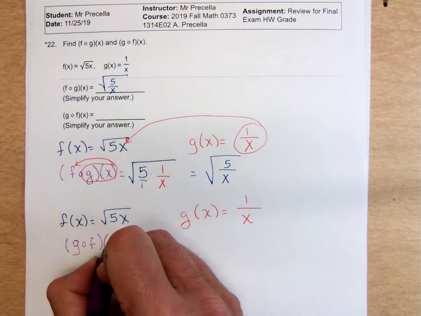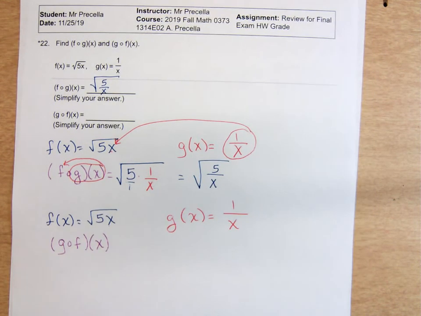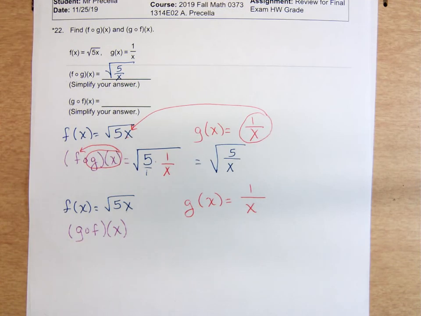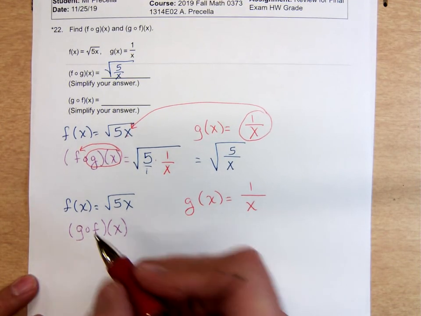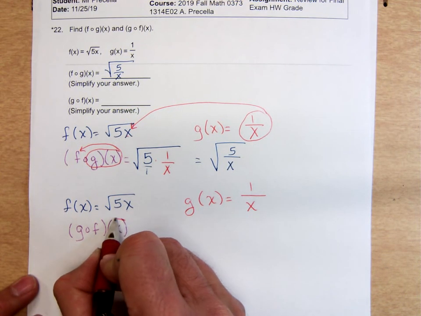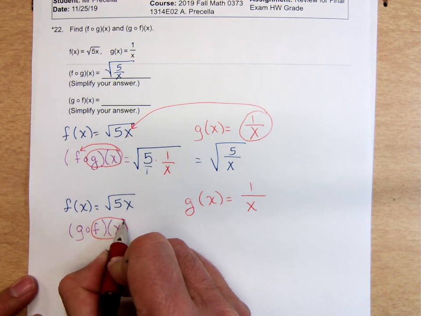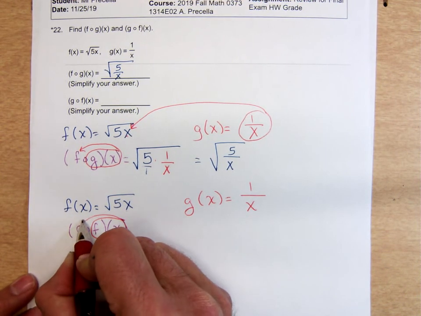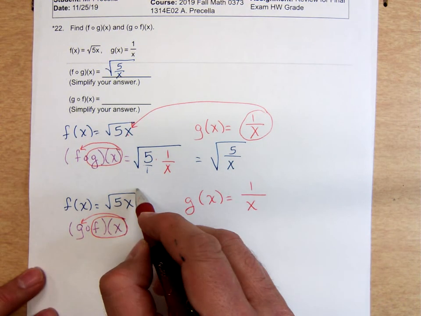Let me draw my arrows. This one in particular, it's going to look like I'm just drawing arrows and writing the problem and writing the answer. I'm plugging f into g.